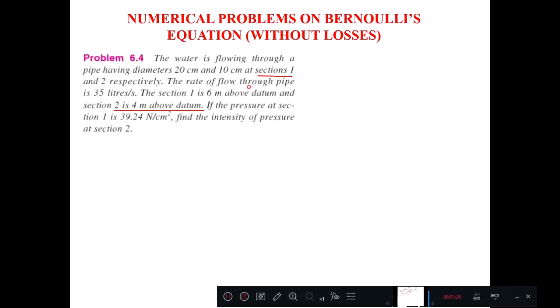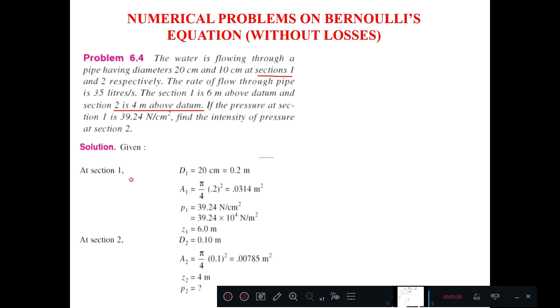First we need to write the given data. The data given here are at section 1. If you take the figure here, let us consider this as section 1, and this is section 2.